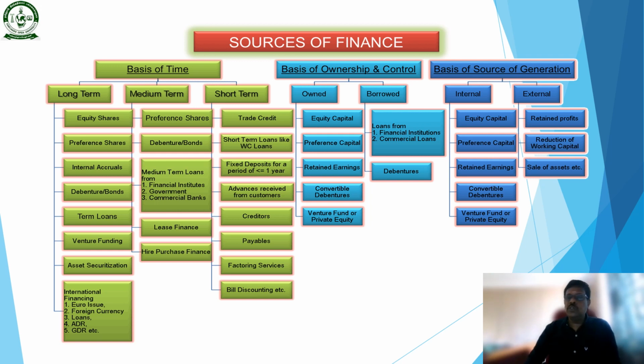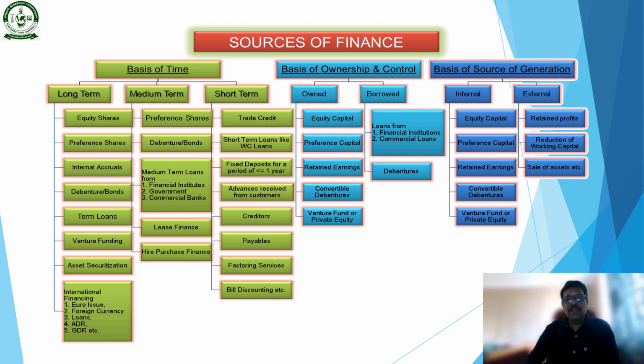On the basis of sources of generation, one is internal, another is external. Internally, a company can raise funds through issue of shares, preference shares, retained earnings, which means the company can retain some amount from its profit, and convertible debentures.